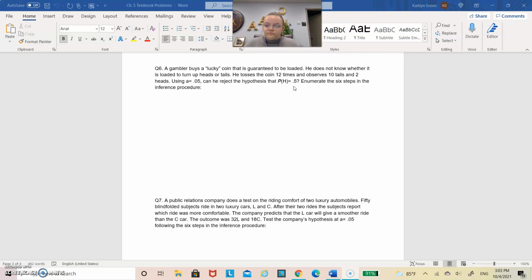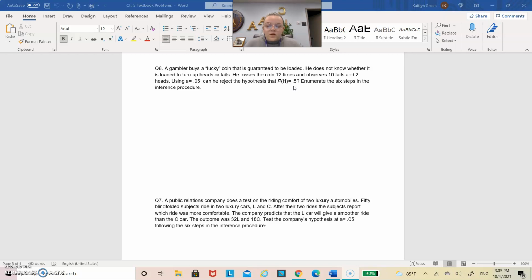Our alpha for this problem is 0.05, and the way that we find the z-score in this problem is we have to find the average as well as the standard deviation. And once we find all those values, I got z to equal the absolute value of 10 minus 6 minus 0.5. And notice we just did 10 instead of doing the whole 12 because we're trying to find just that certain value.